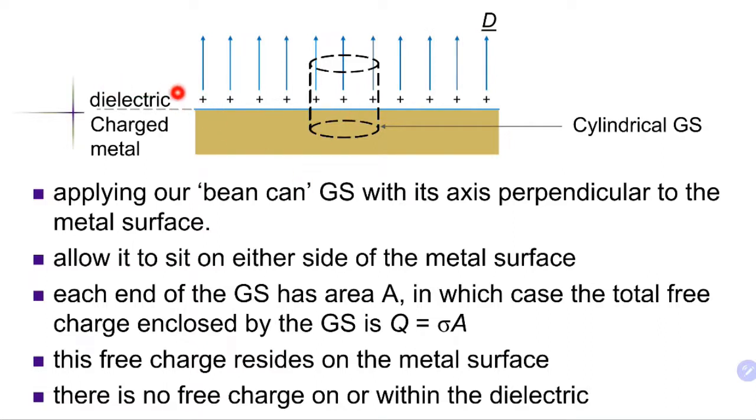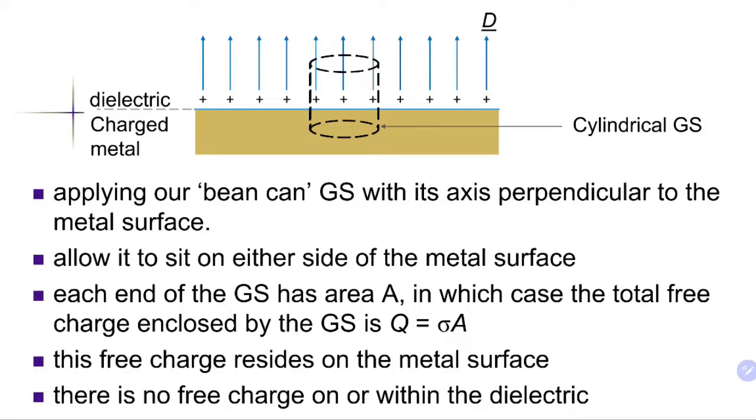So we have dielectrics on the top, charged metal underneath, and we know that the electric field or the electric flux density D, both point perpendicular to the surface of the conductor if the surface is positively charged. Okay, so we have a source of positive charge, the electric flux density pointing away from the source of the charge, which is a positive charge.